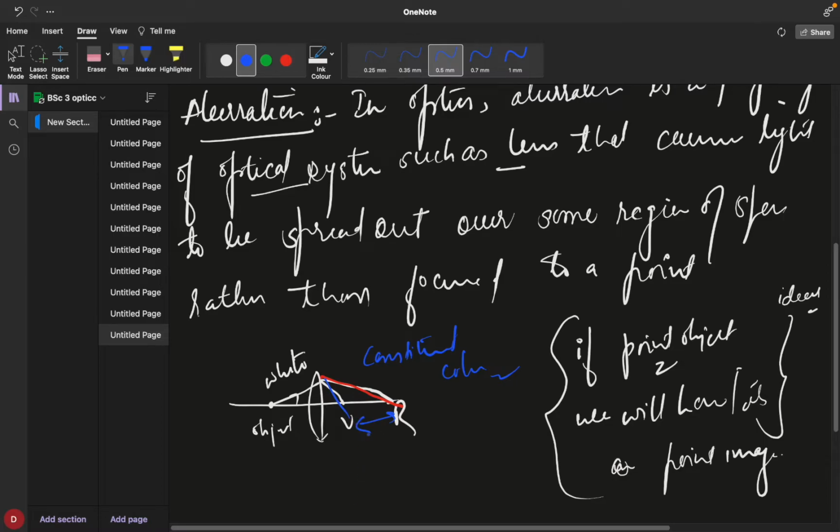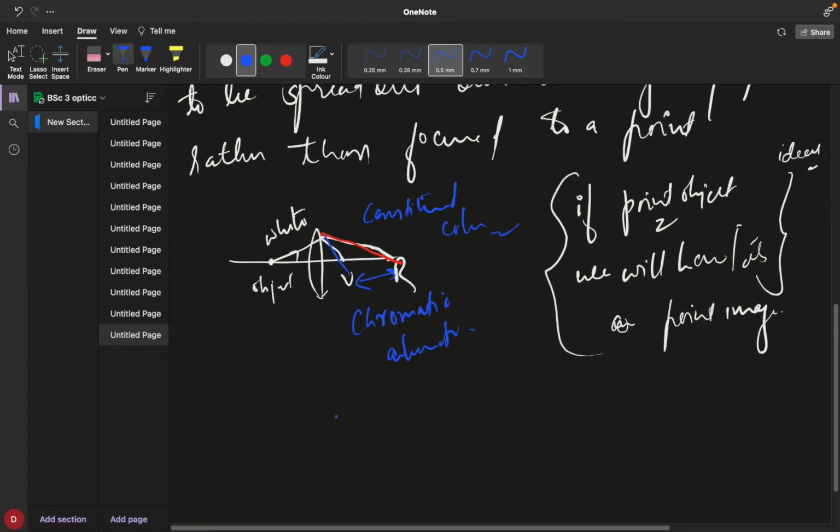What kind of aberration? This is chromatic aberration, because we are dealing with colors.